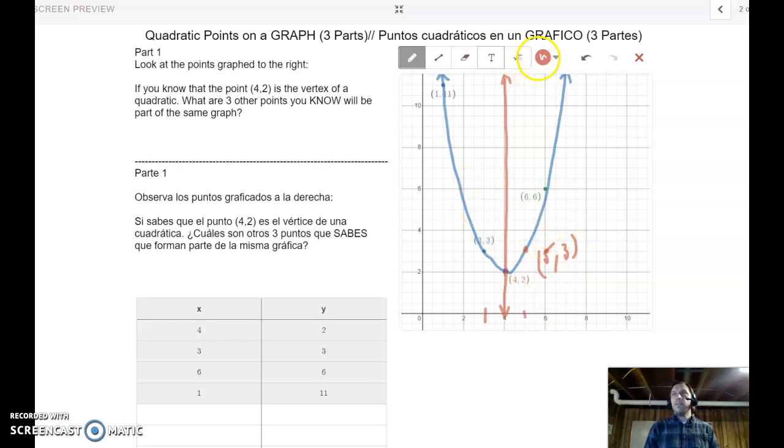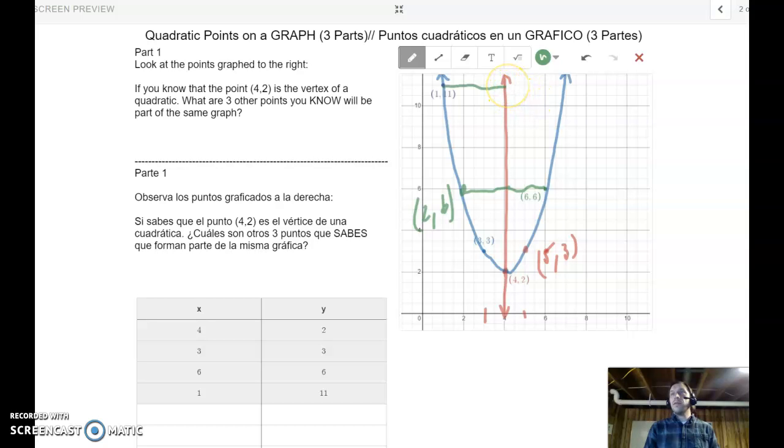If this point over here is (6, 6), this is 2 away. Then I go 2 away this way, and I have the point (2, 6). Then finally, this one looks like it's 3 away.